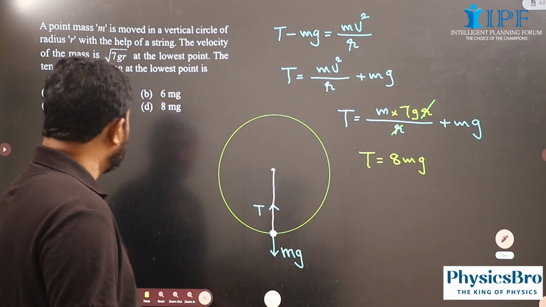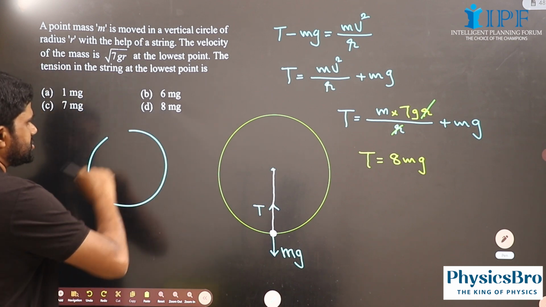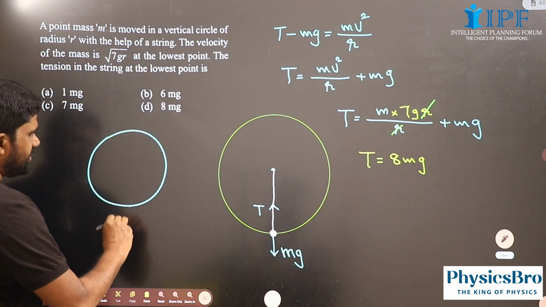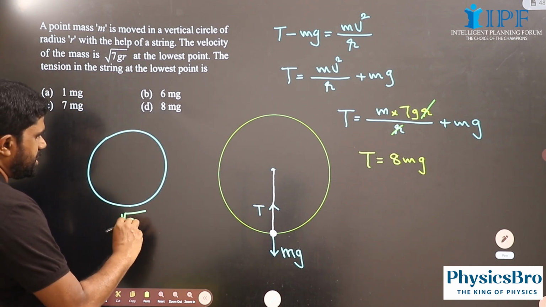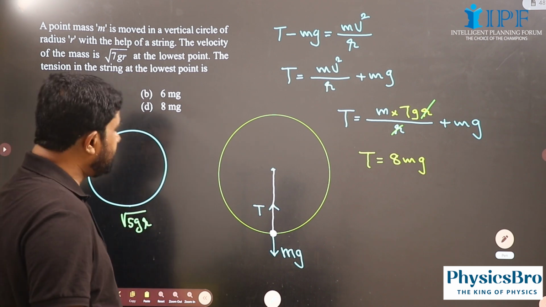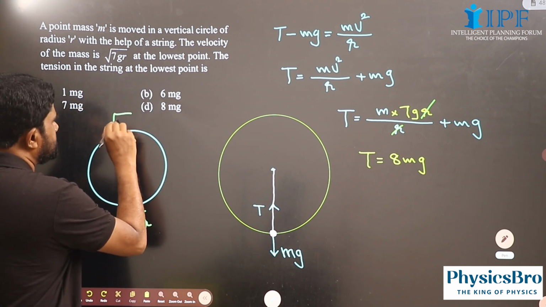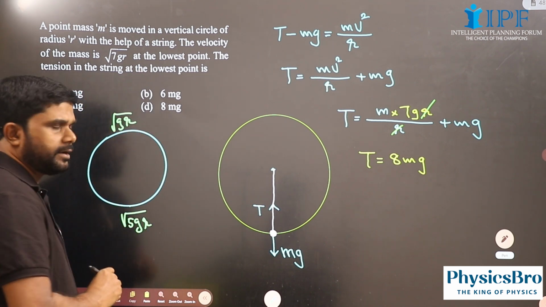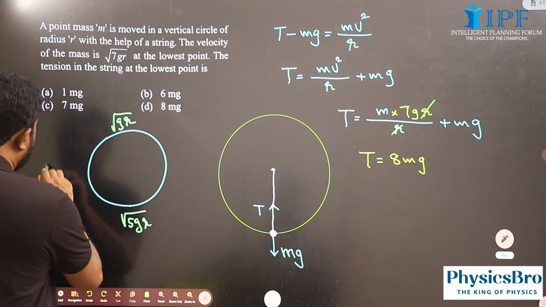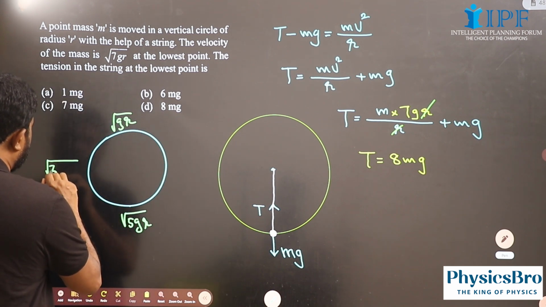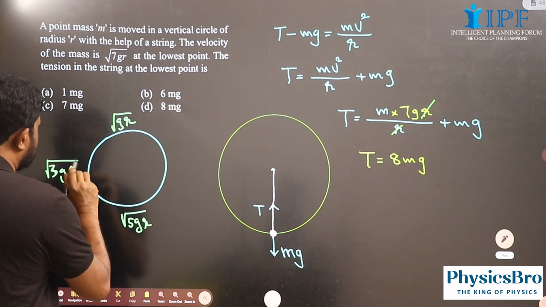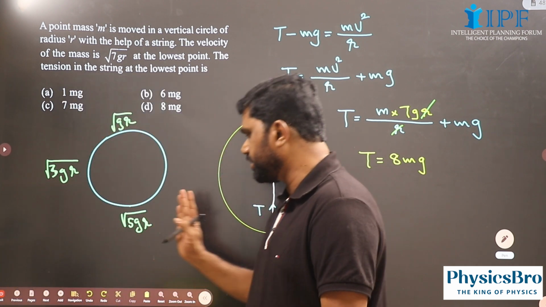Now see, if the body starts from the bottom with a velocity, say root 5 gr, then it reaches the top with a velocity root gr, and the velocity of the body when the string is horizontal will be root 3 gr.